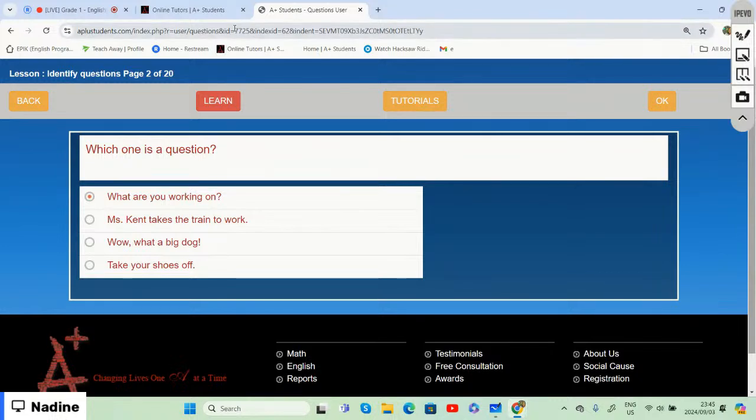And when it comes to a question, remember we said that with a question, it ends with a question mark. All right, and we will go with option one, which is what are you working on? It's the same as us asking, how old are you?